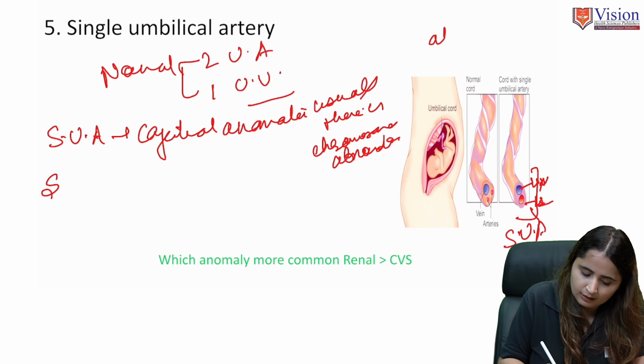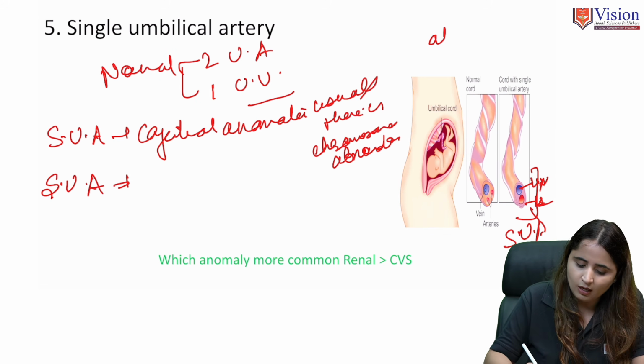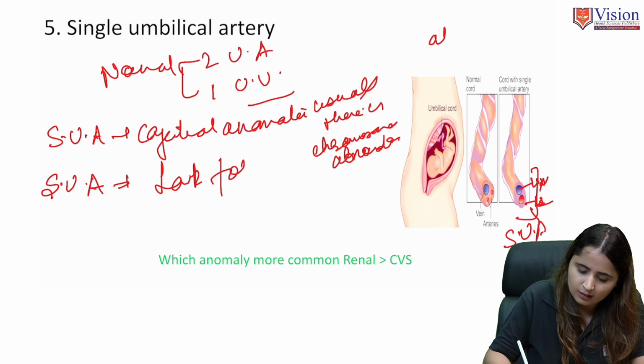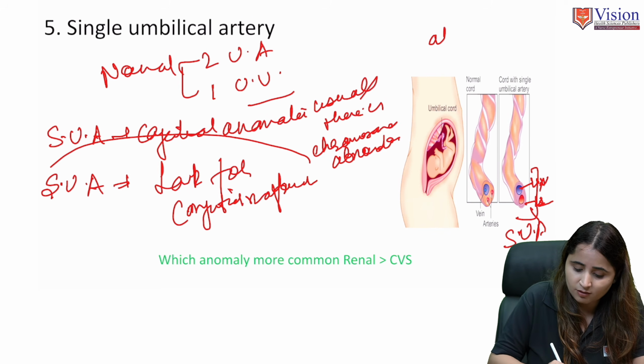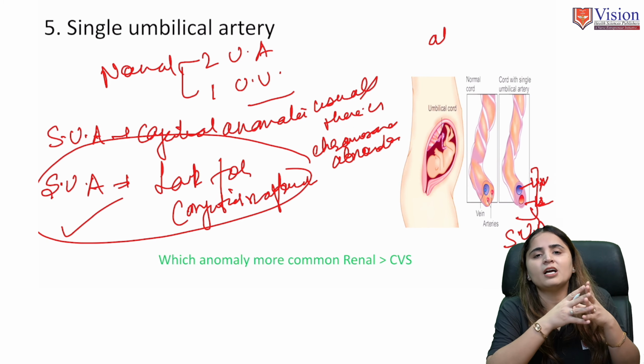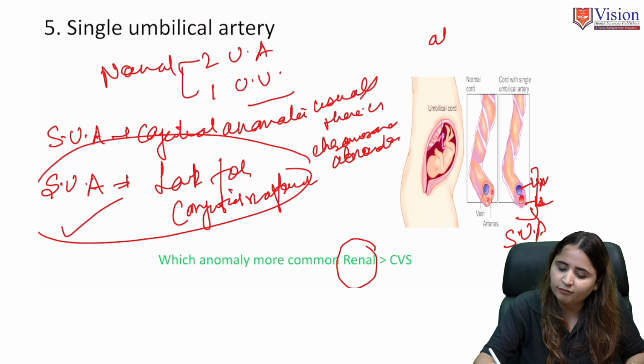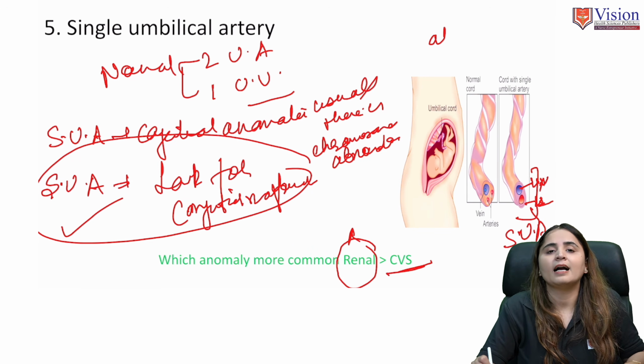So with a single umbilical artery, always remember, always look for congenital malformation. There are maximum chances of congenital malformation in this condition, and renal malformation is more common than cardiovascular.